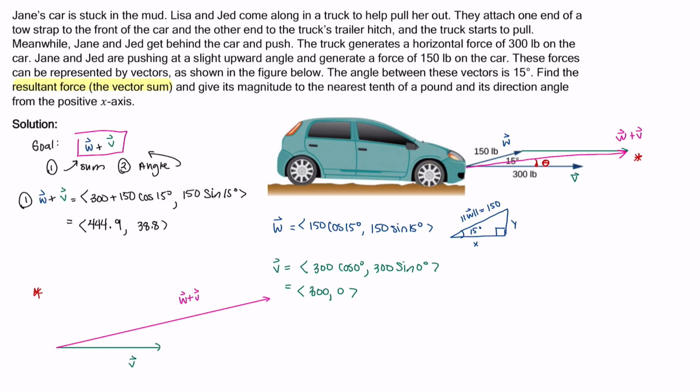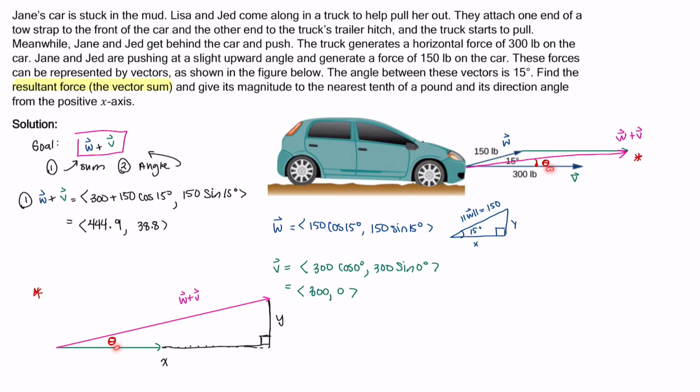I'm just including it here so we see where we are in the picture. What I really want to do is continue this until I make a right triangle. Okay, now that I've continued this, I'm going to erase V. And I know that this is the x component of W plus V, and this is the y component of W plus V. And here is theta, our unknown angle, in the same color.